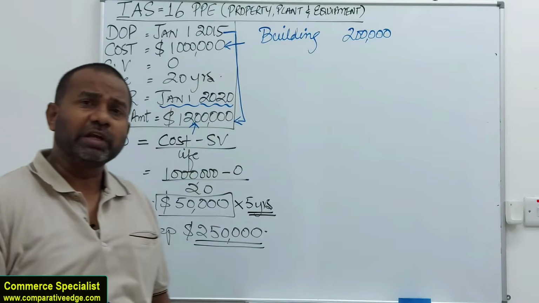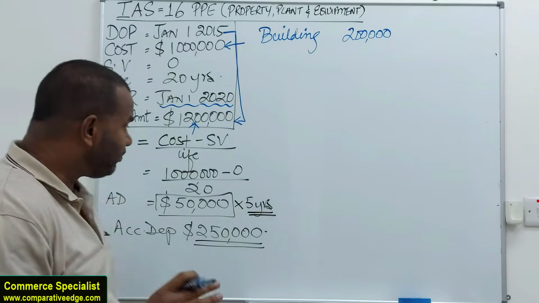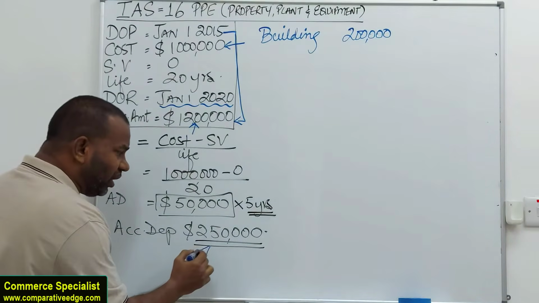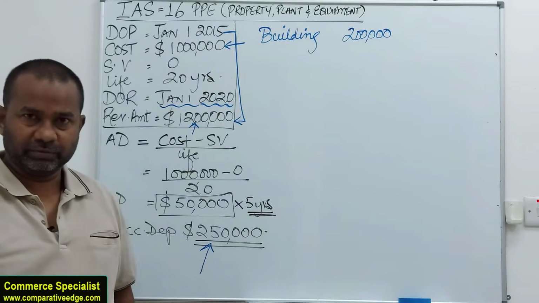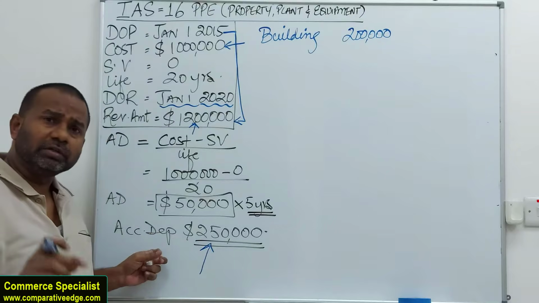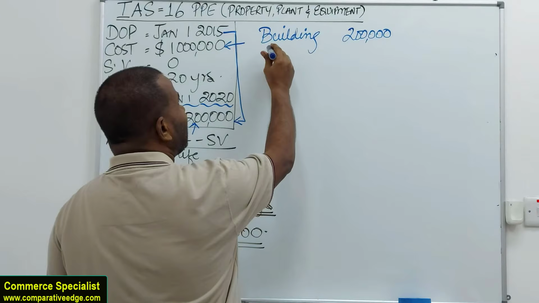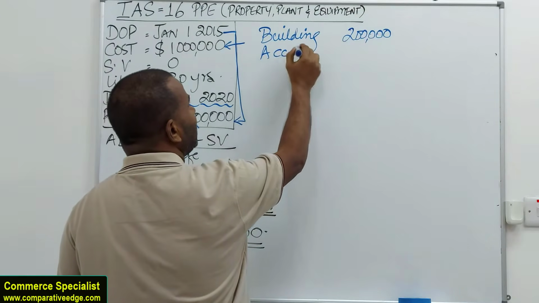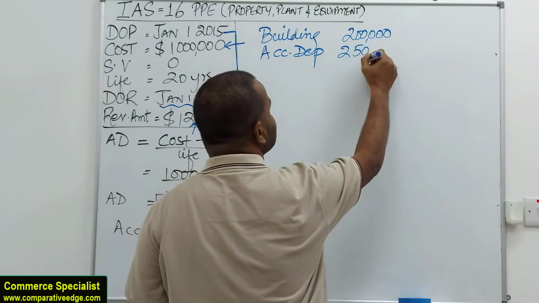As per IAS 16, whenever an asset is revalued, any depreciation charged so far, which is the accumulated depreciation, should be cancelled out, should be nullified. Accumulated depreciation generally has a credit balance. To close it, to cancel it, I am debiting accumulated depreciation, which is 250,000.